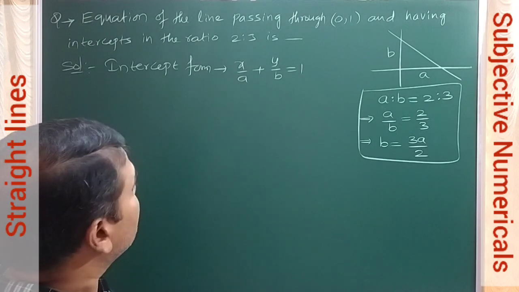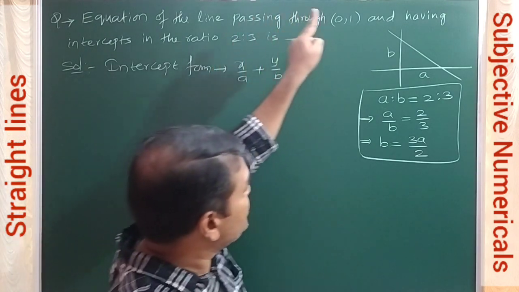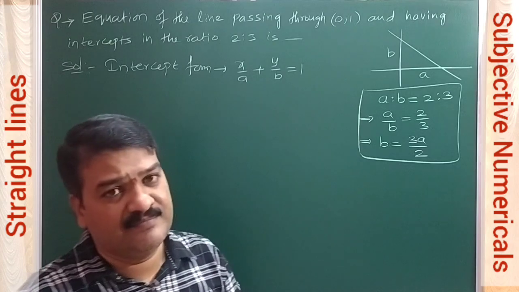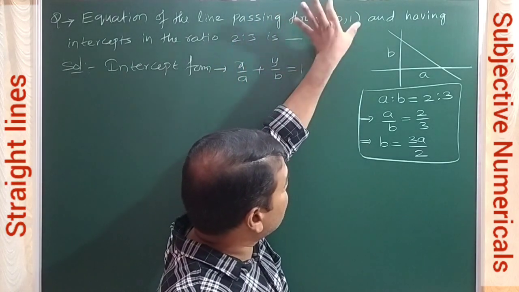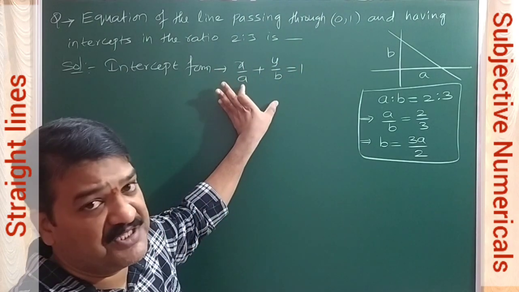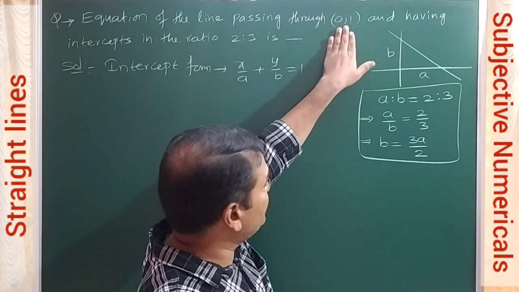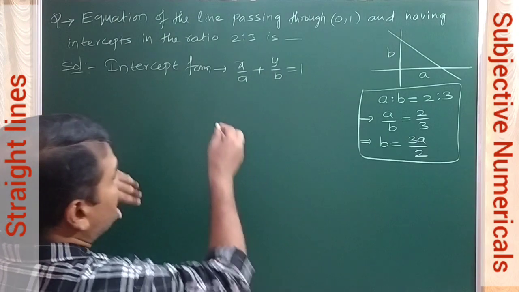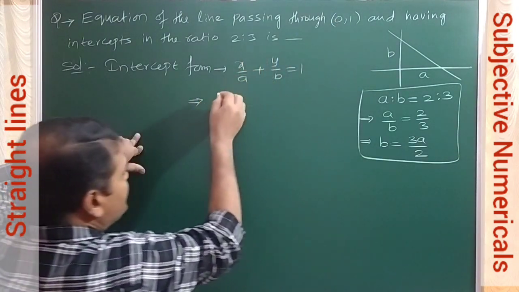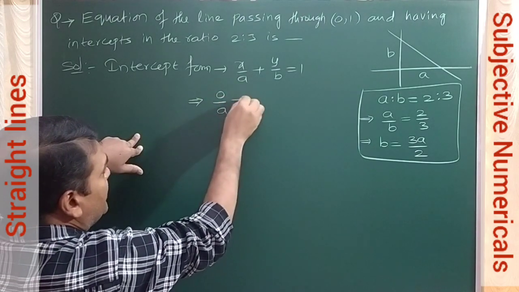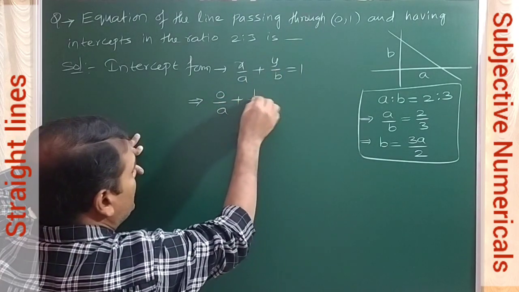So here this line is passing through (0, 1) they have given. So since this line is passing through (0, 1), this point must satisfy the equation. That means we can substitute this point in this equation now. So substituting in place of x 0 and in place of y 1.